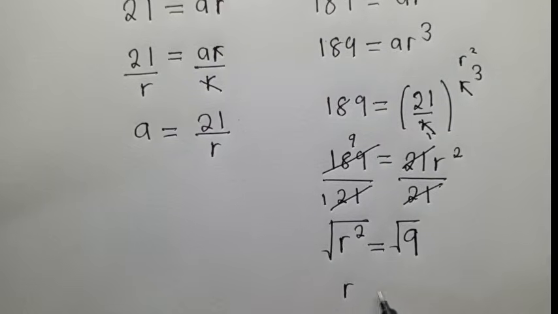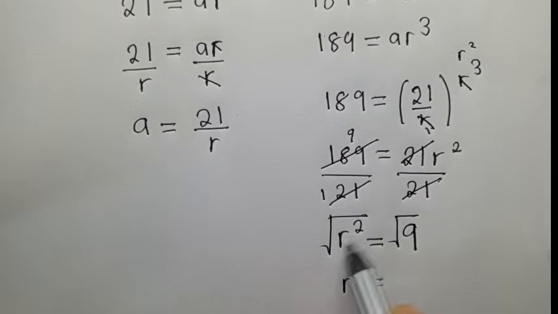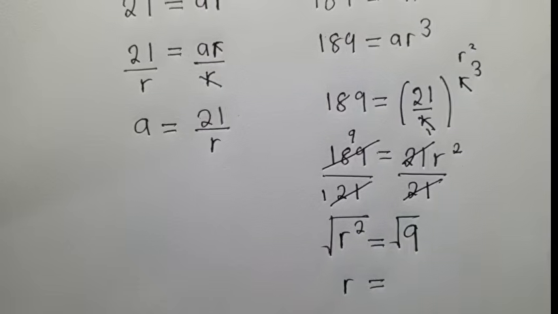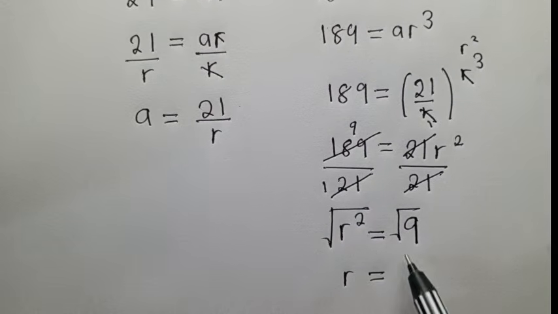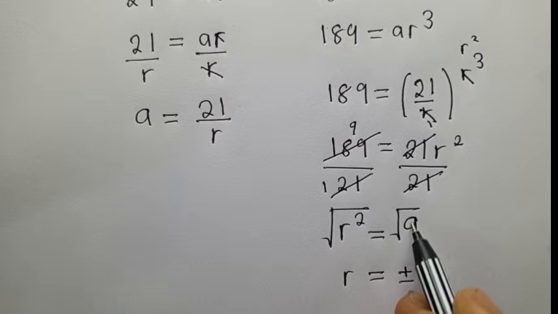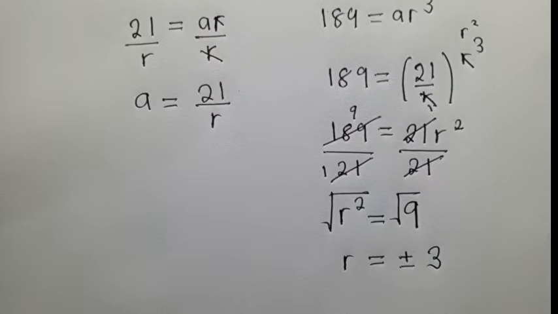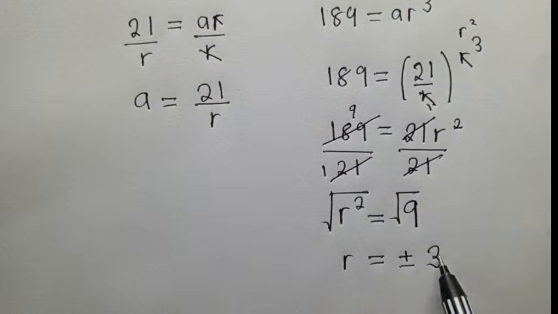Remember, we are solving for R, not R squared, so to get rid of this power 2, I find the square root of both sides. The square root of 9 gives me 3. Being an equation, it gives two solutions: R equals 3 or R equals negative 3.